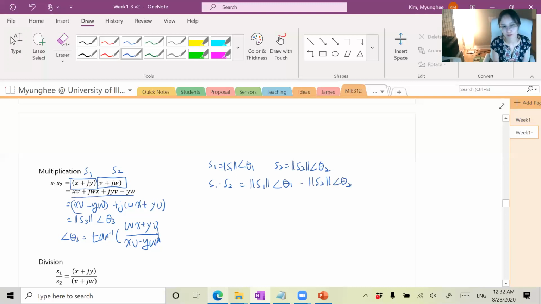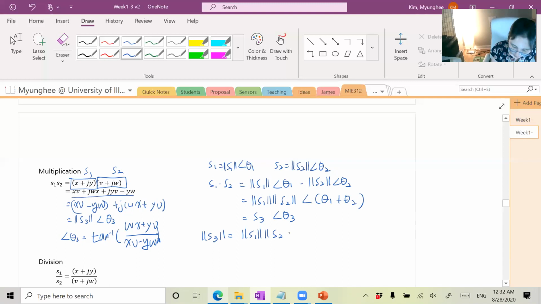And similar to the operation we did for the complex conjugate, the magnitudes can be multiplied and the angles can simply be added, which gives S3 angle theta 3. So the magnitude of S3 is nothing but S1 times S2, and theta 3 is the summation of the angles.